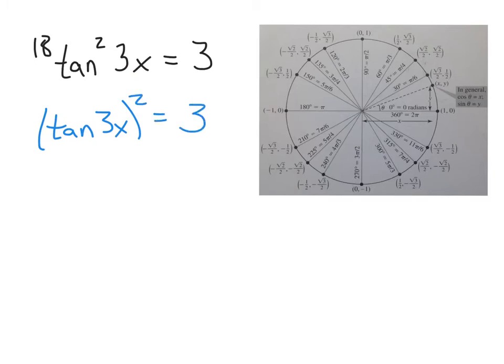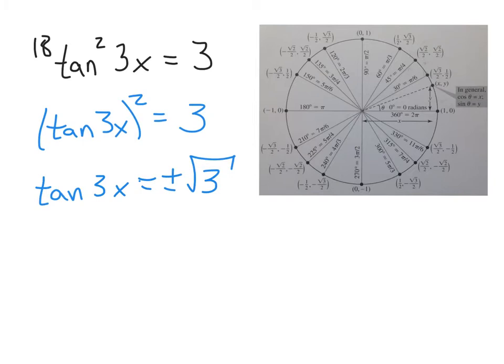So now we can take the square root. Remember, when you're taking a square root, you need a positive and a negative. So that's where our 2 potential answers are going to come from. And now what we want to do is figure out the angle: tangent of what angle gives us radical 3 or negative radical 3.